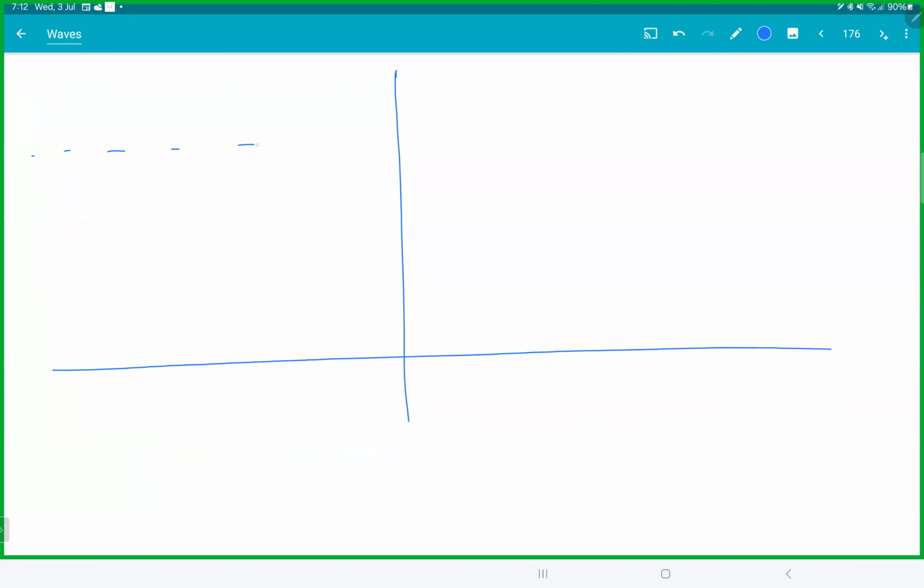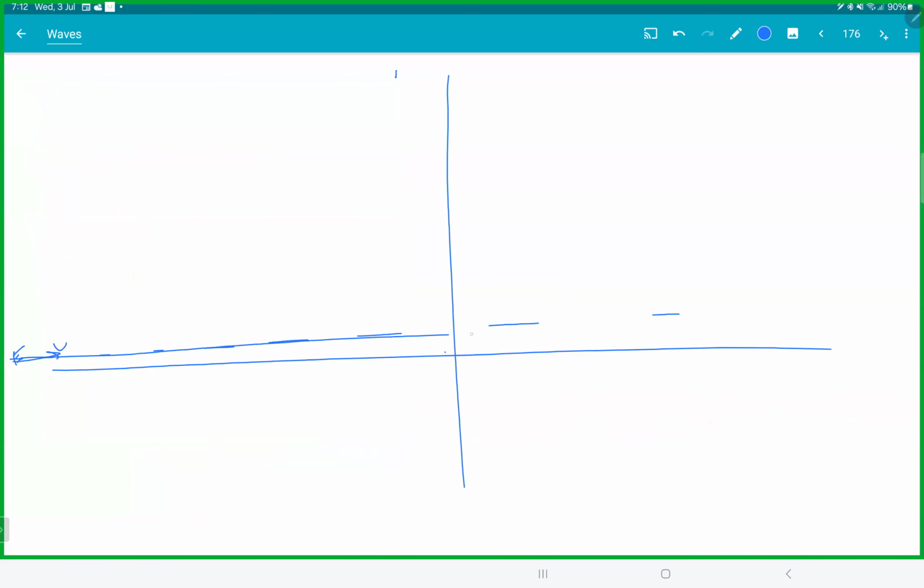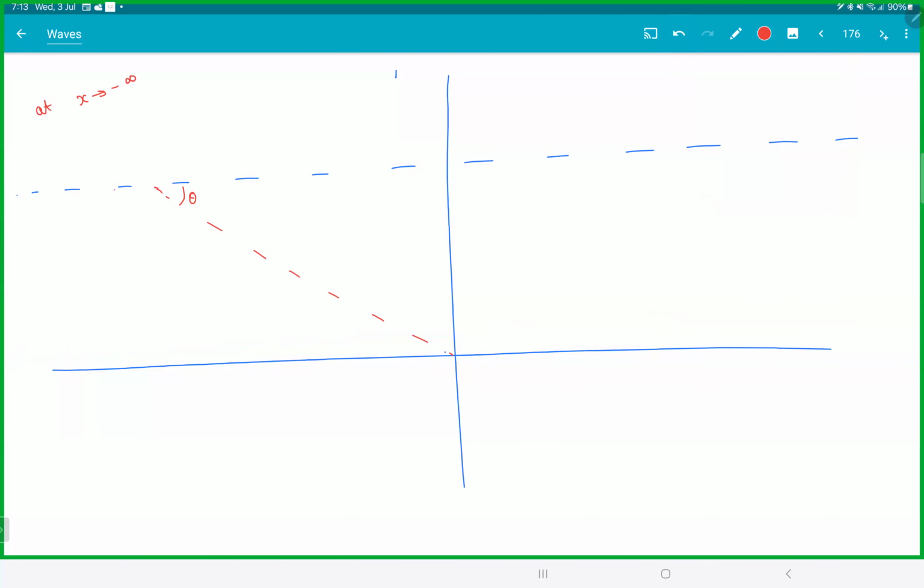Now, when you're pretty far, when you're at infinity, if you actually think about it, it would look like this. The velocity is almost parallel, isn't it? So at any instant here, if you look at this angle, this is theta. So at x equal to minus infinity, this theta will tend to be 0.